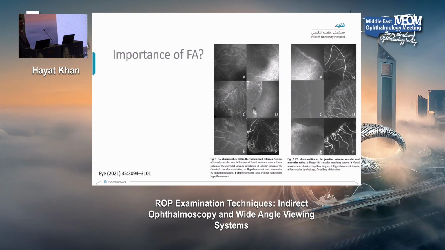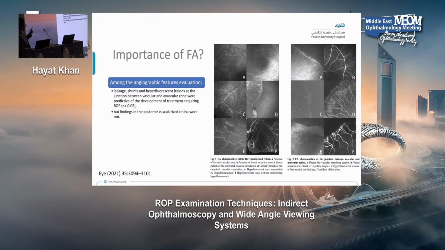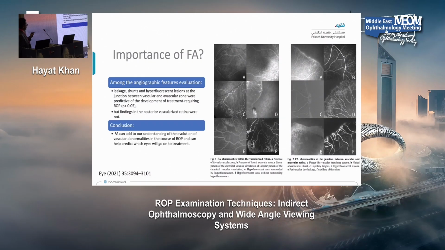Here, if you want me to go into a little detail, what is happening is that between these pictures, if you see the leakage, shunts and all these lesions, they found that the ones at the junction between the vascular and avascular area, peripherally, are more important than what you see within the vascularized area.